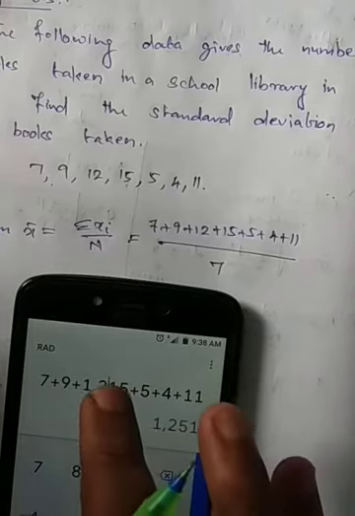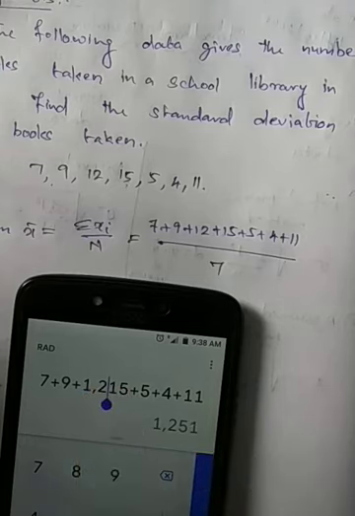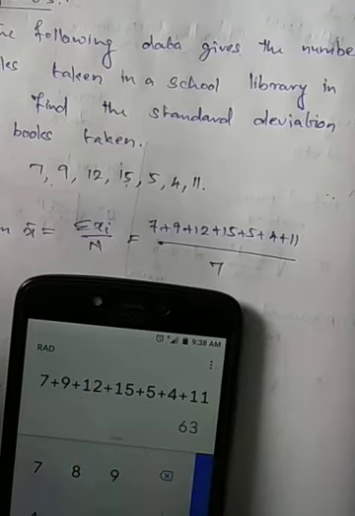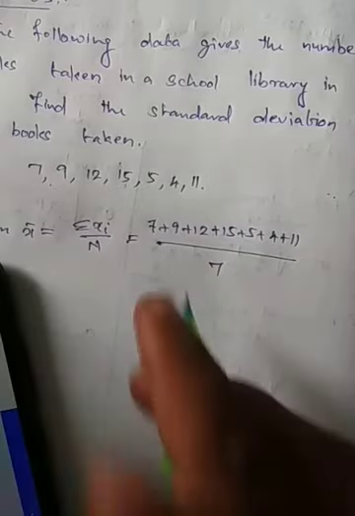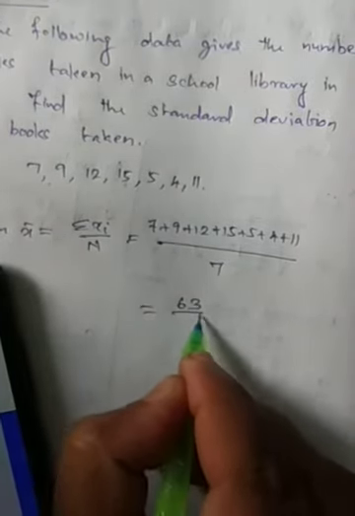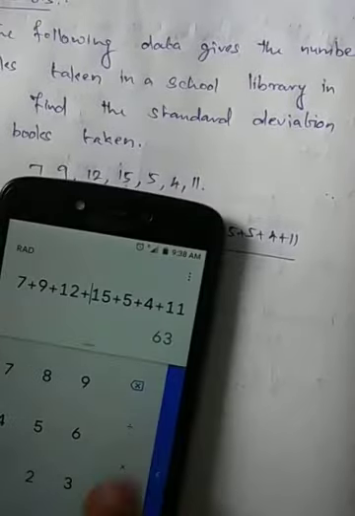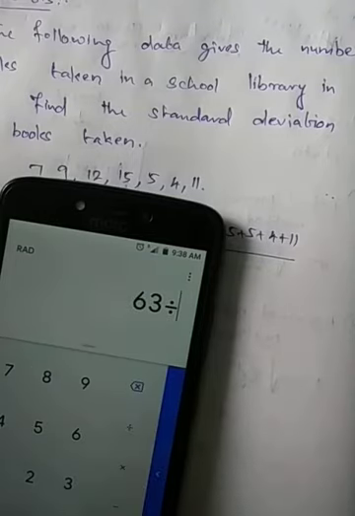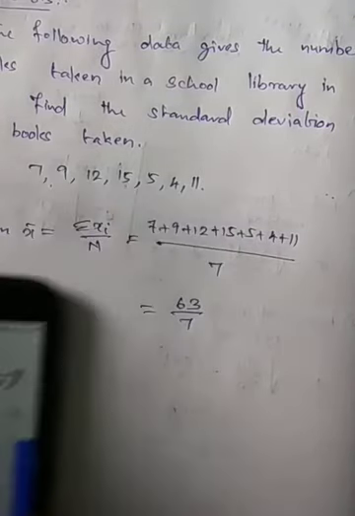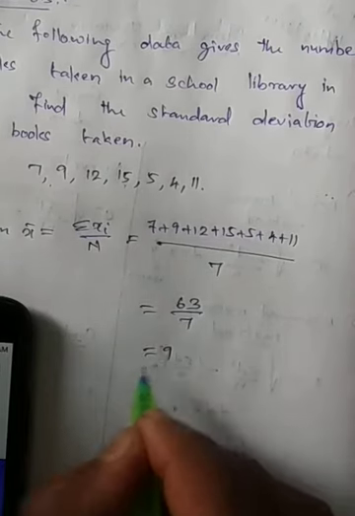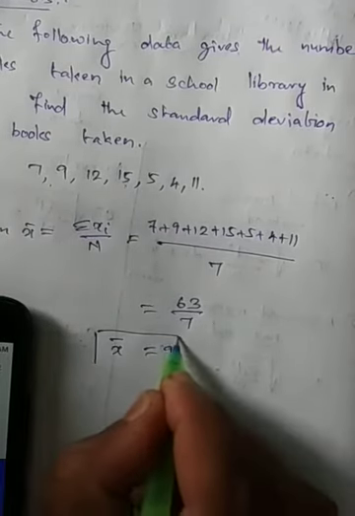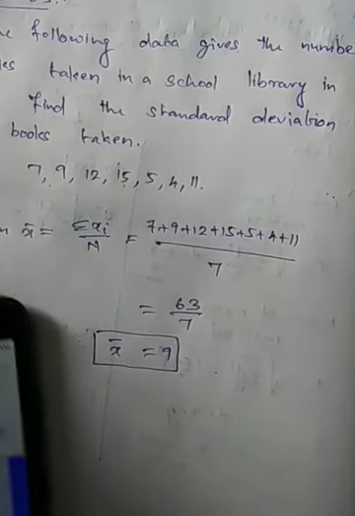It's 12 plus 15. So it's coming to 63. Therefore we are having 63 divided by 7. If we divide by 7, we get 9. So the value of x bar is 9. Keep that in mind.